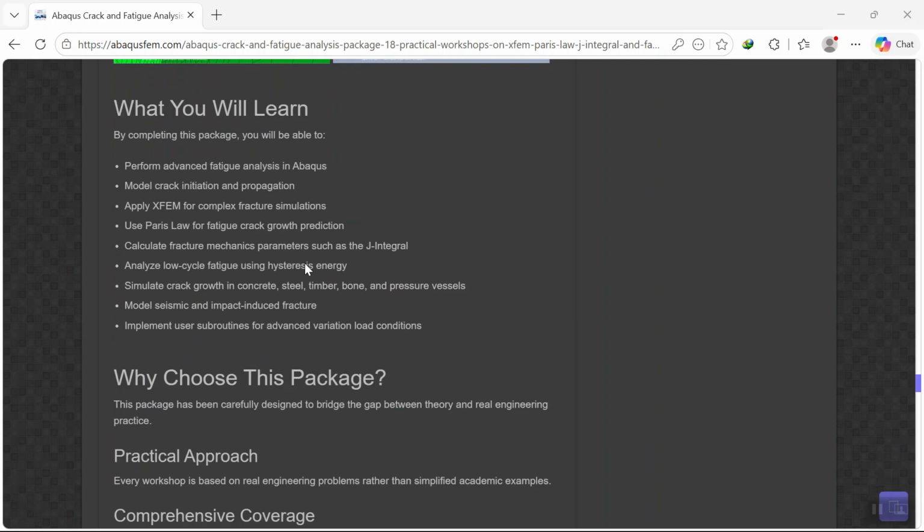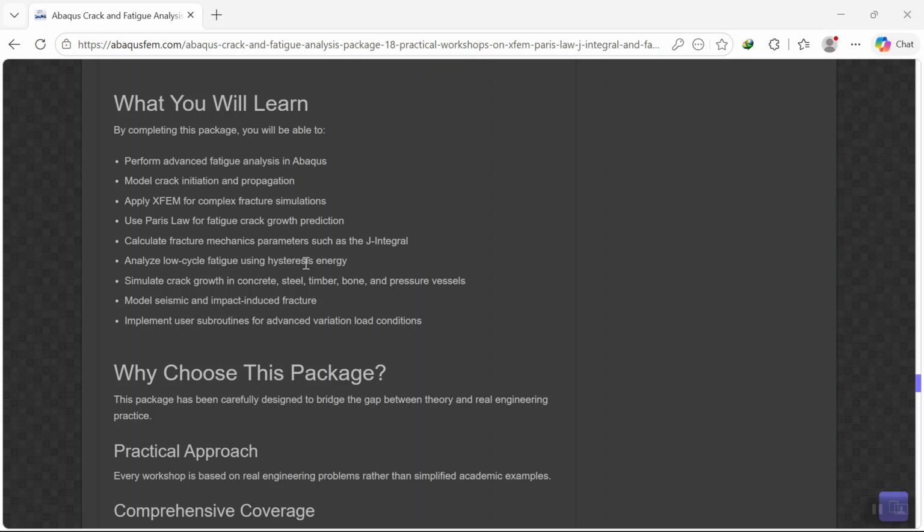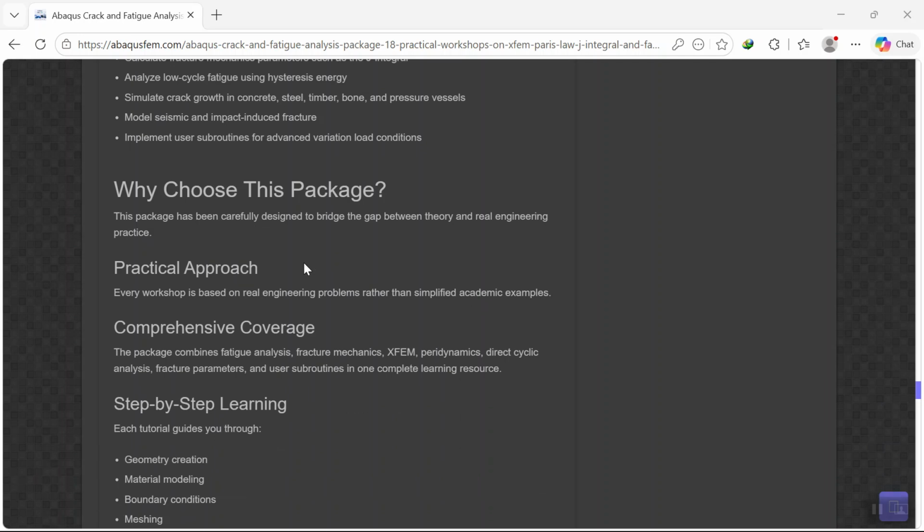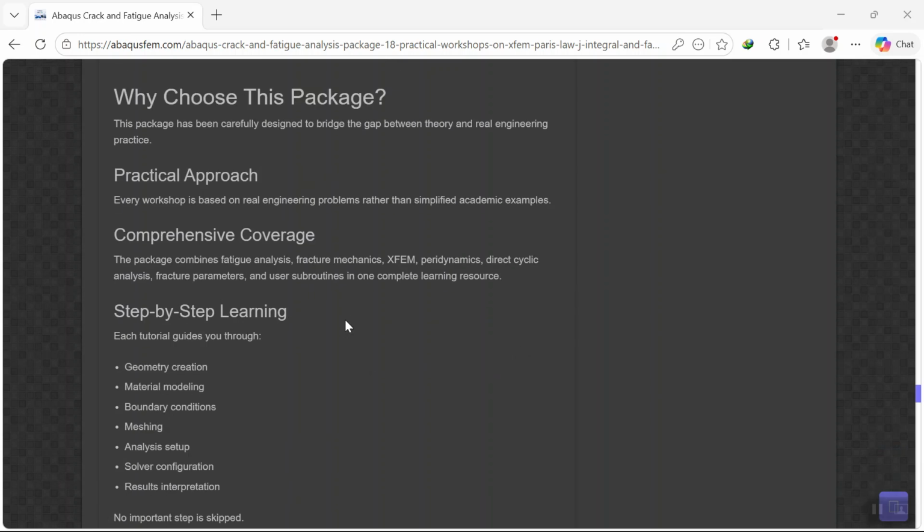Every workshop includes detailed modeling procedure, geometry creation, material definition, boundary conditions, meshing techniques, and all the files. This package is suitable for mechanical engineers, civil engineers, aerospace, material, and biomechanical researchers and engineers, graduate students, PhD candidates, university researchers, and finite element analysts.